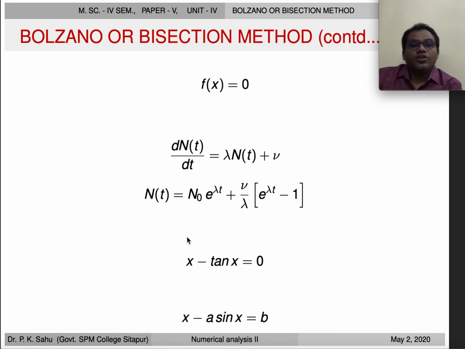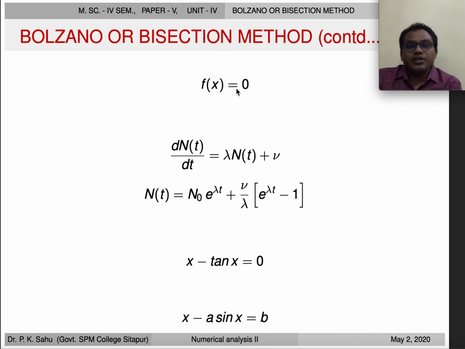Now, the problem is to find the solution of the form f(x) = 0. The numerical techniques that we are going to discuss in the next few lectures can be used to generate an approximate solution of the equation f(x) = 0. Means here the obtained solution has f(x) approximately equal to 0.